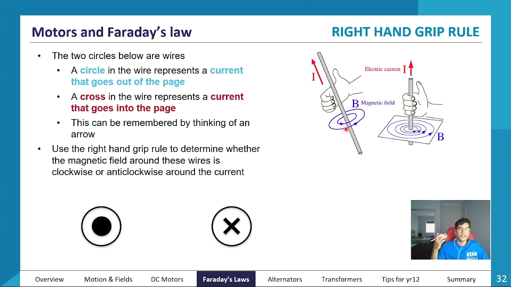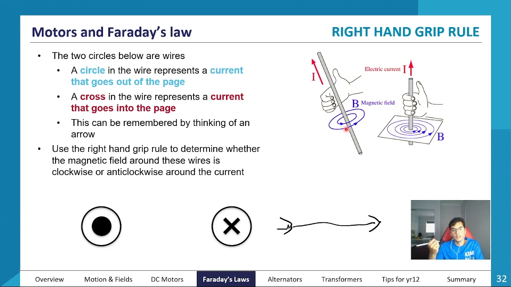So this is where this convention of noughts and crosses comes in. If you were to imagine a big arrow, you have a pointy end on one side, and you have the feathers at the other side.